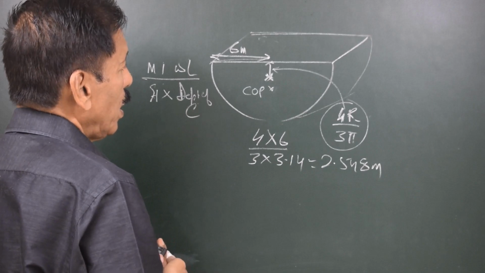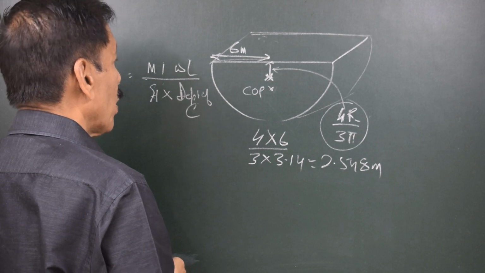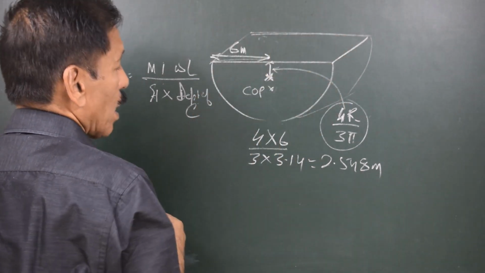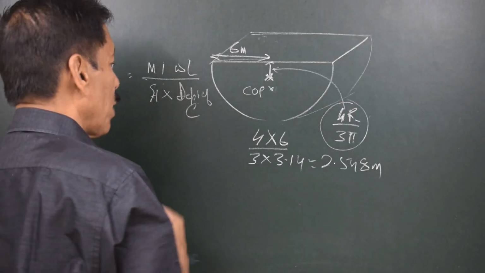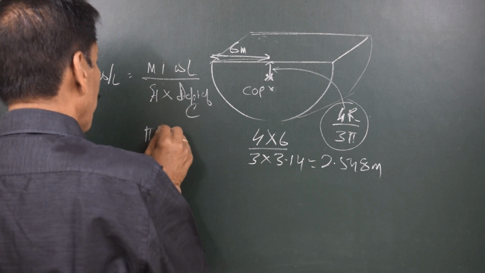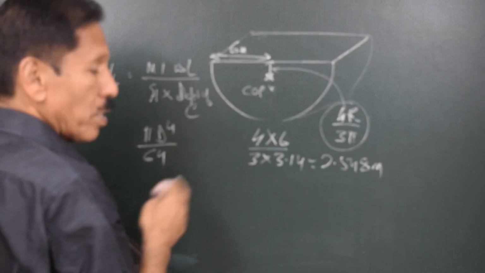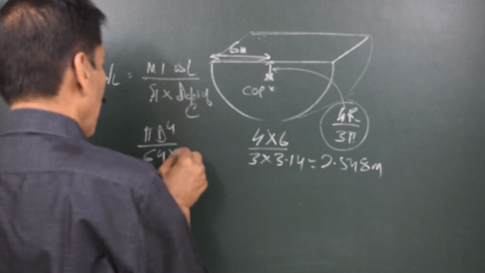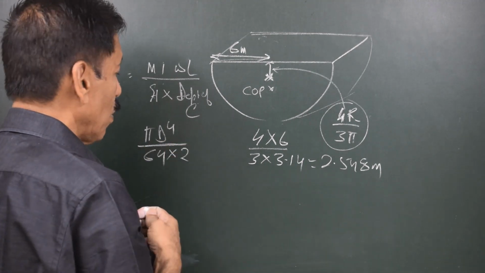Here we know the moment of inertia directly about the water level, because if it was a complete circle, the moment of inertia about the diameter would have been pi d raised to 4 upon 64. But because this is semicircular, the moment of inertia about the same diameter would be half of the moment of inertia of the full circle.